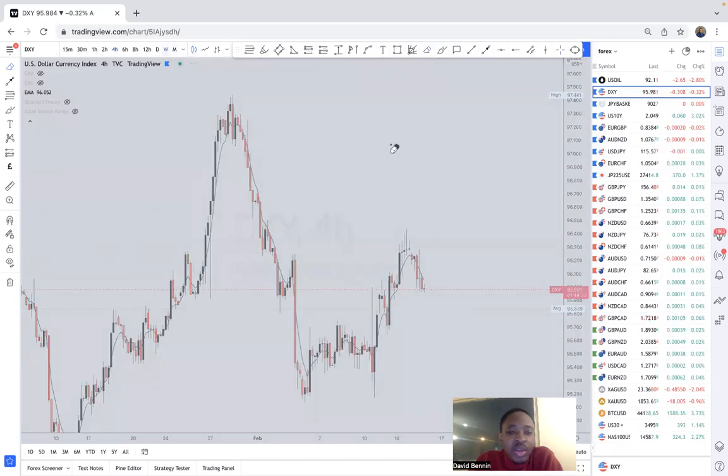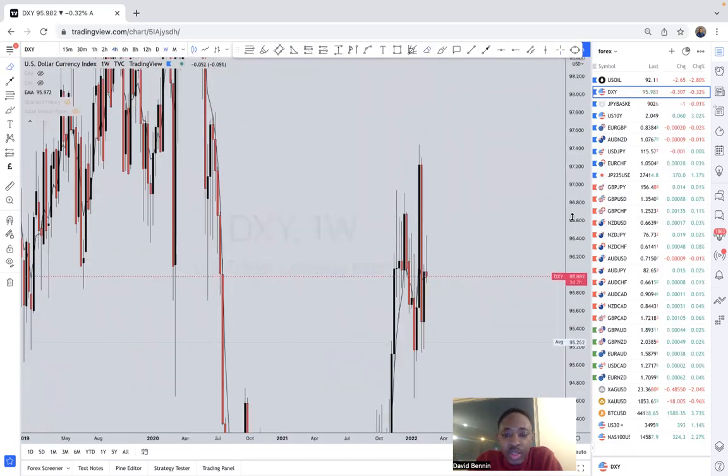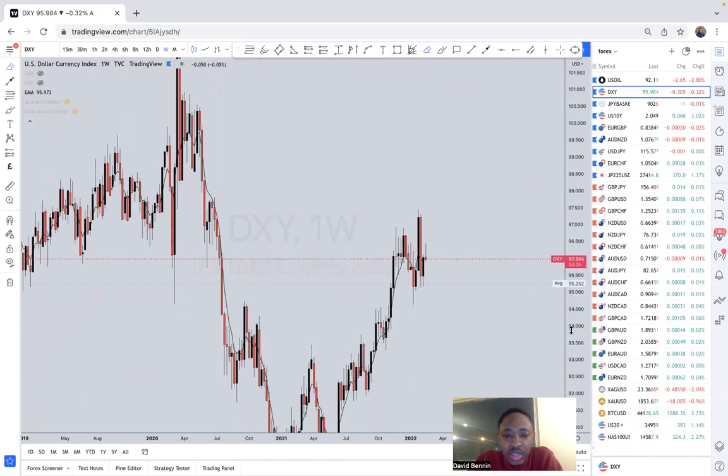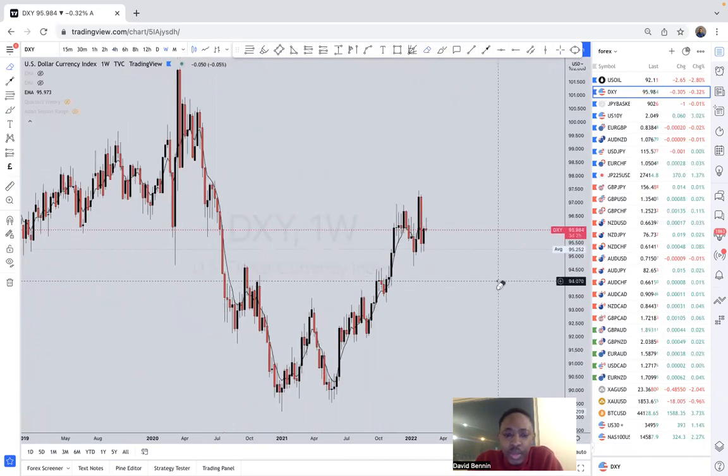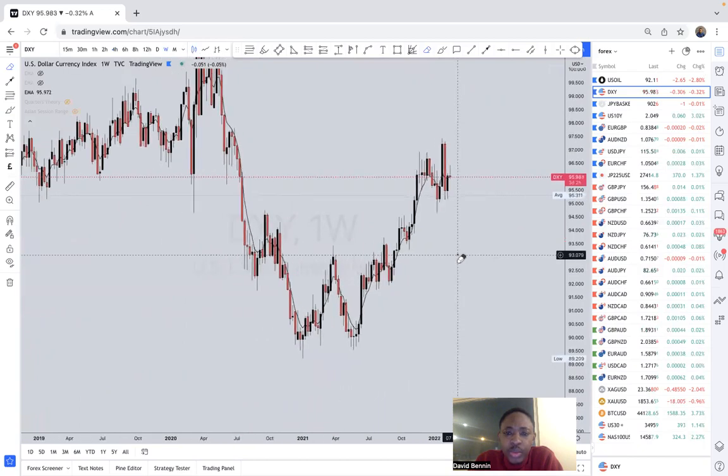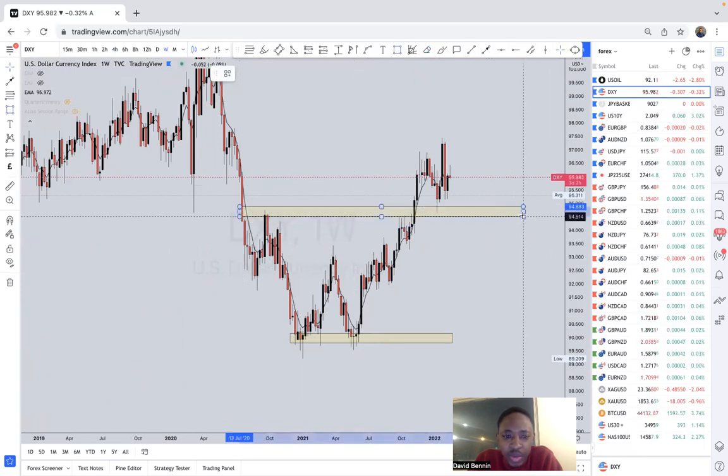So let's start from the weekly time frame. On the weekly time frame on the dollar index, what do we see? Well, we can see the market created a weekly double bottom here. And then we broke an intermediate high on the weekly time frame. Right?